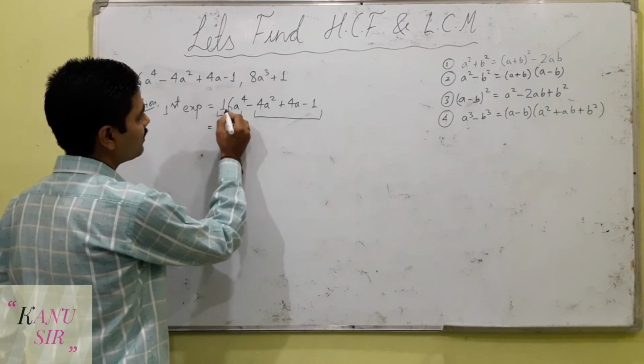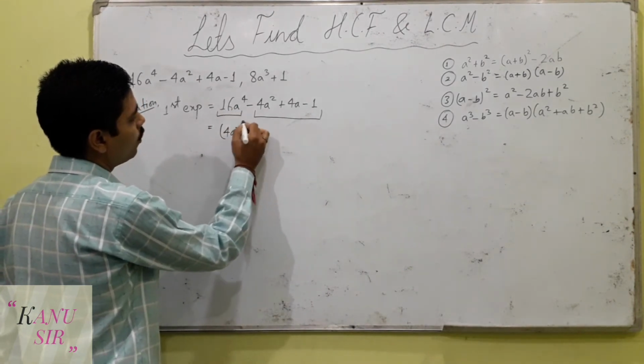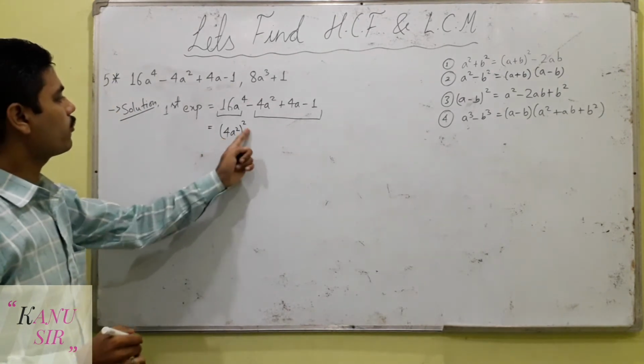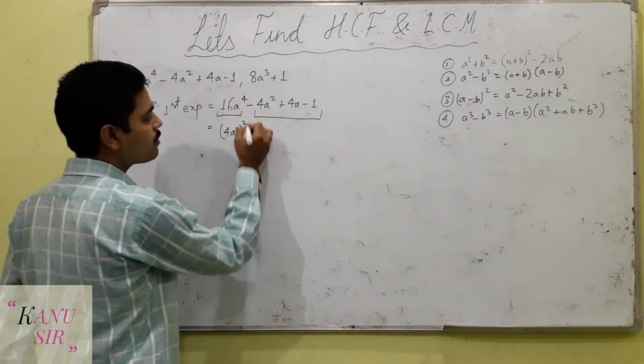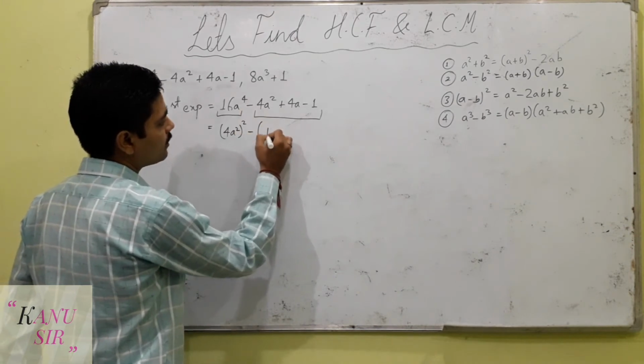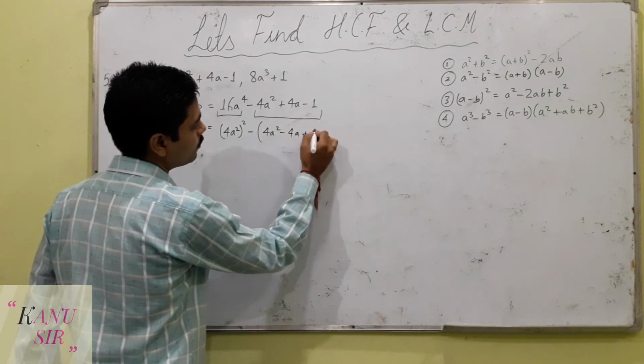Let's see how. 16 can be changed to 4 and a square as a whole square. You can take the square of 4 is 16, and a square will be a power 4. Taking minus common, you can take 4a square minus 4a plus 1.